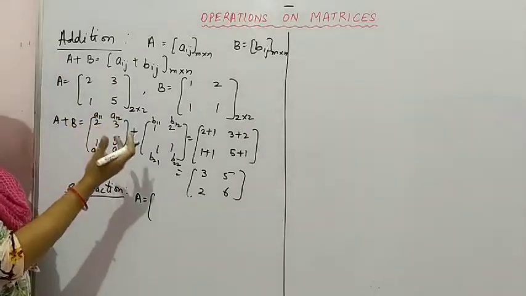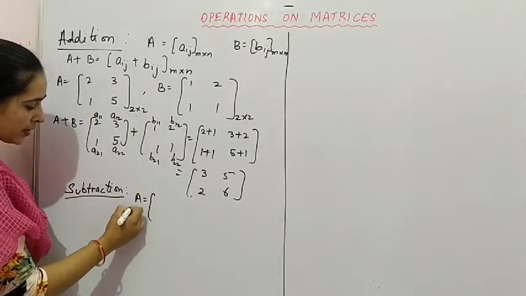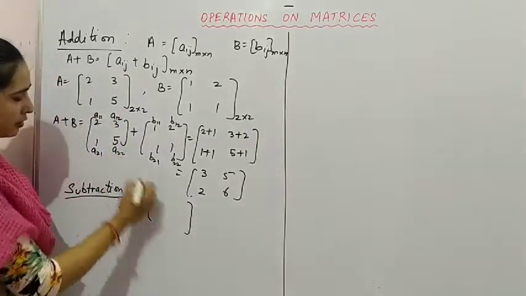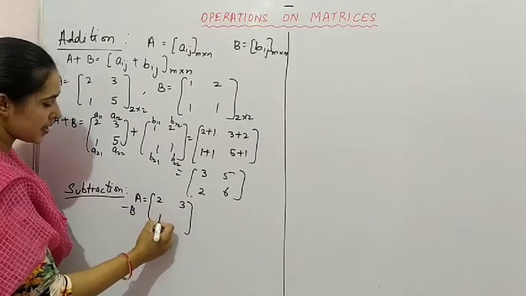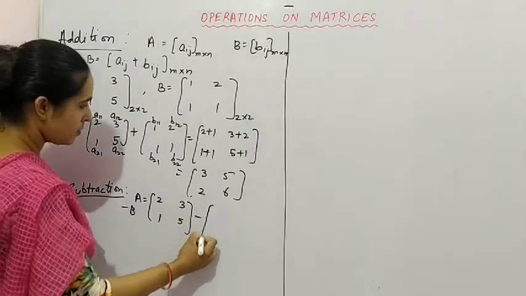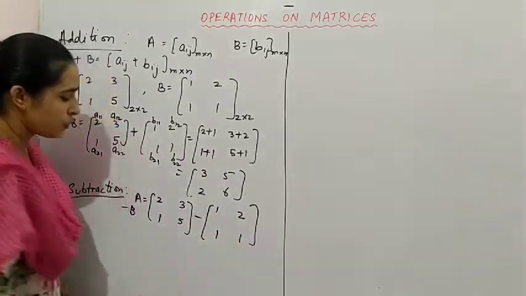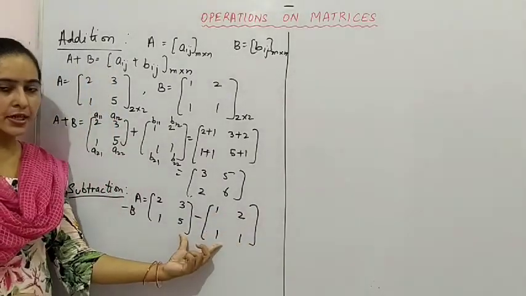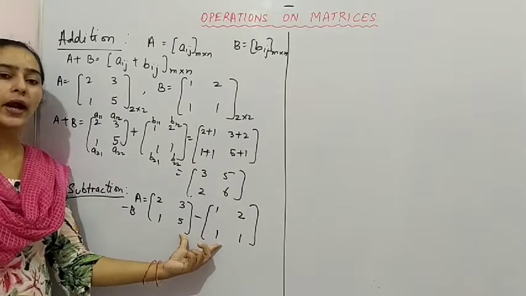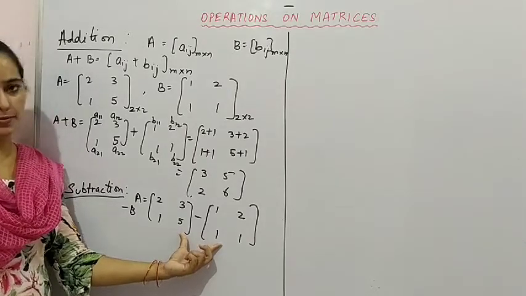Take these two matrices again. Now we shall find A minus B. What is A here? A matrix is this and B matrix is this. Now to subtract these two matrices, we have to simply subtract the corresponding elements.